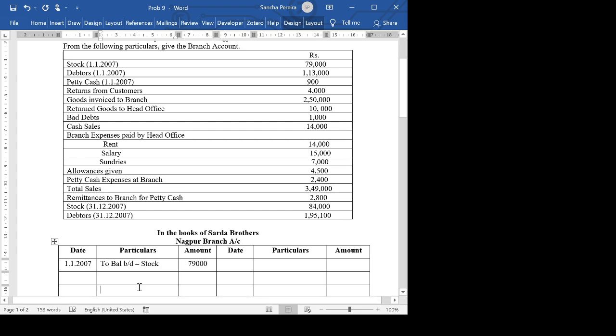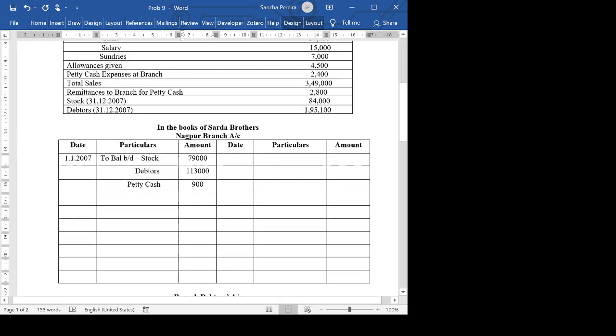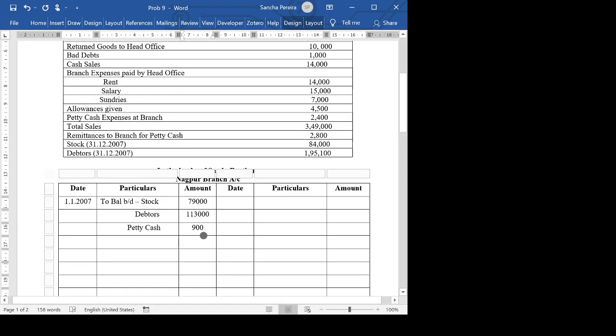Then there is debtors, which is 1,13,000. And we also have petty cash, which is 900.